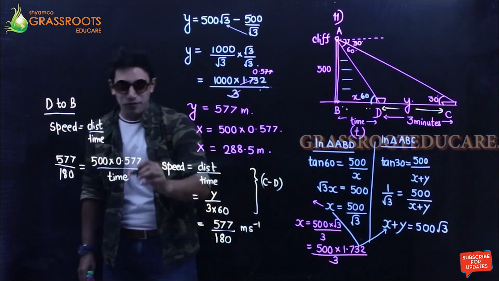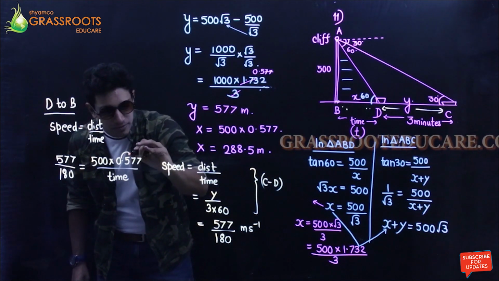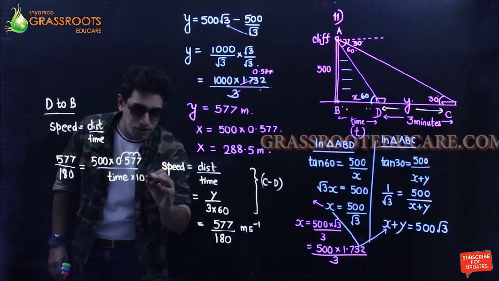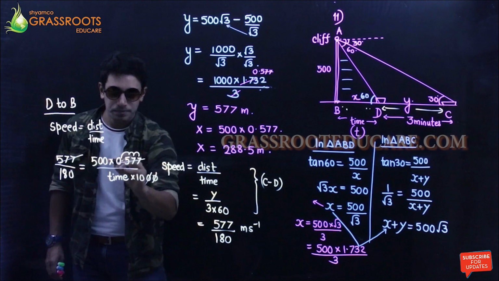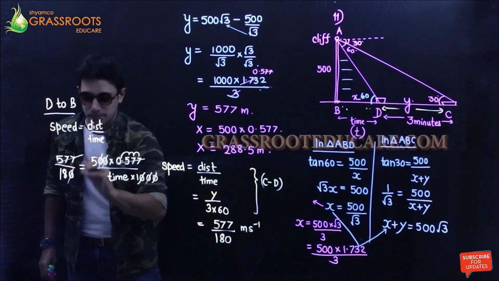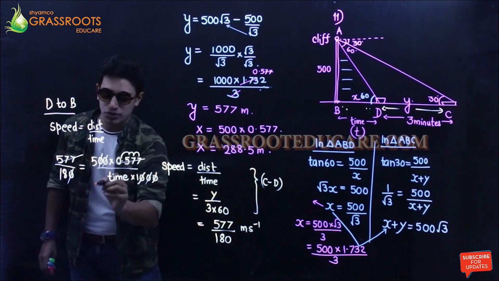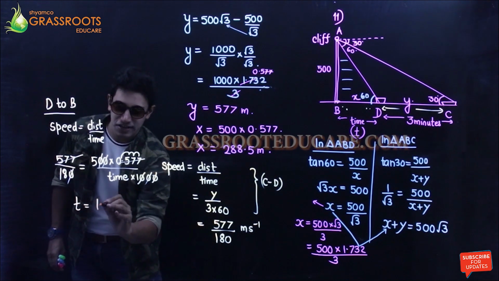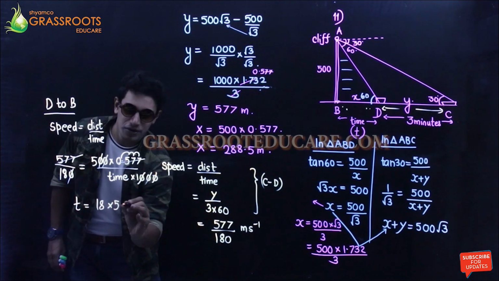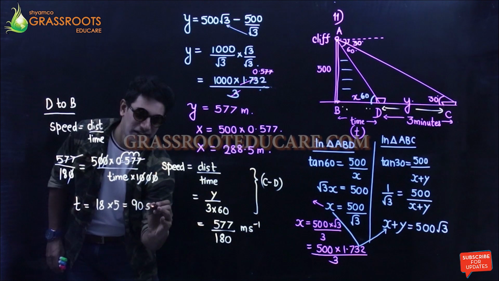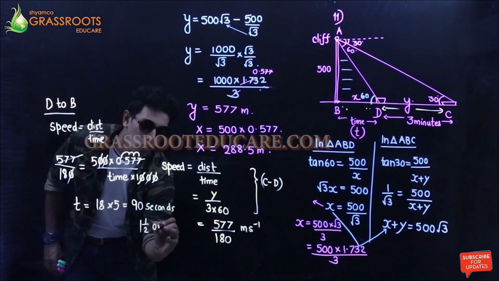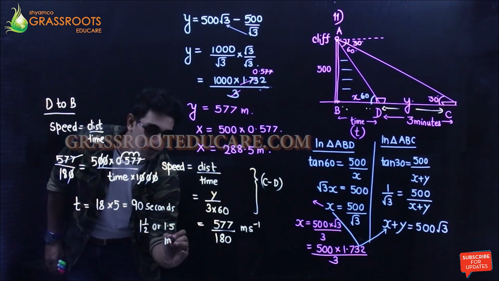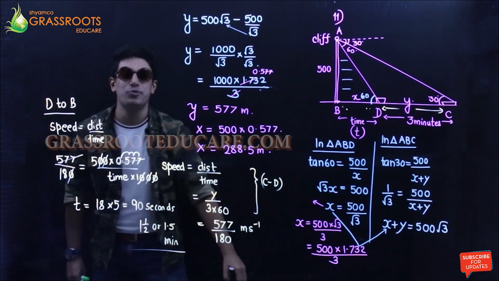Now if you shift the 3 decimals, it will be into 1000. 577 vanishes. So time taken is 18 into 5, which is going to be 90 seconds, and that is going to be 1.5 minutes. What a beautiful question.